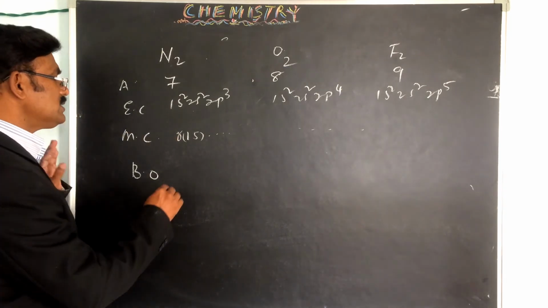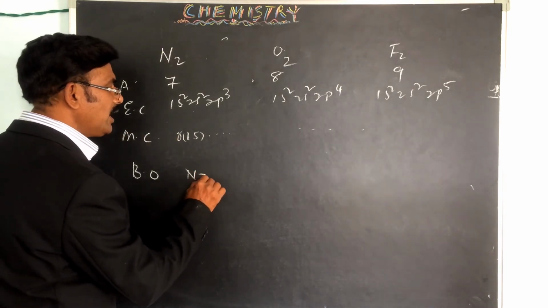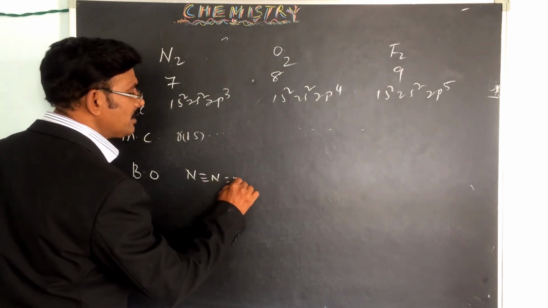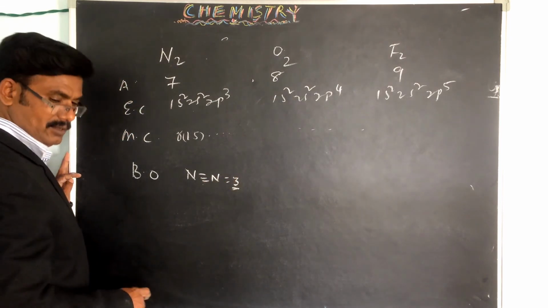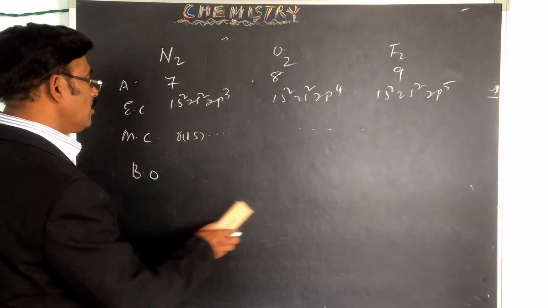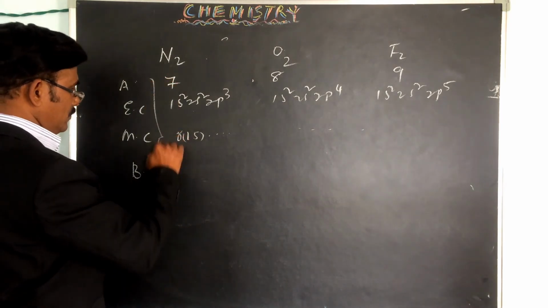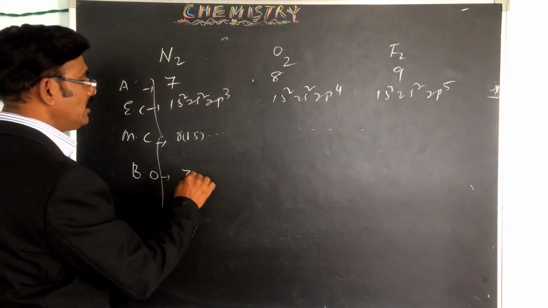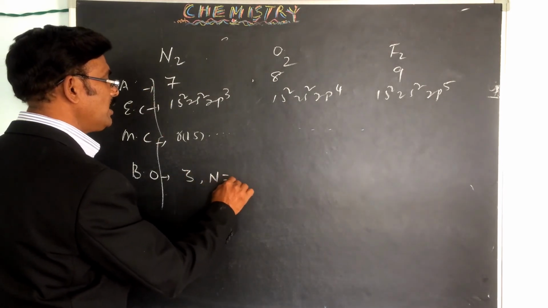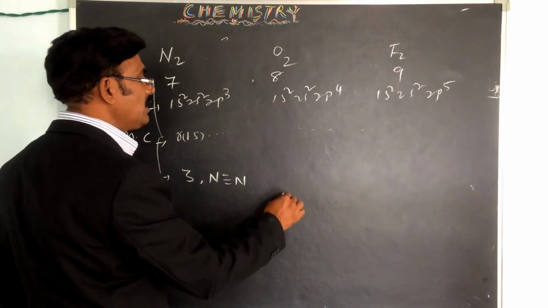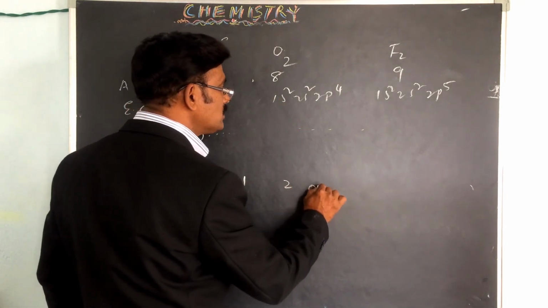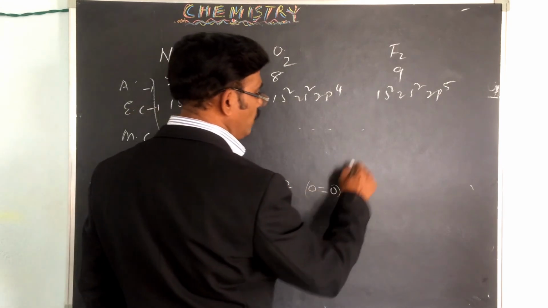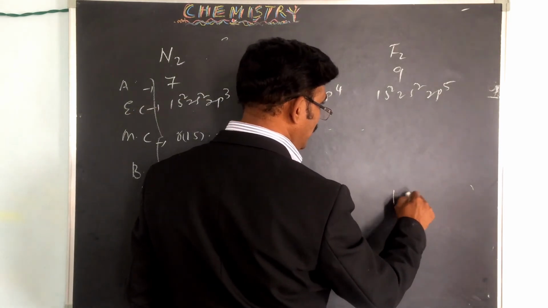Bond order of nitrogen is the triple bond, N triple bond N. So bond order is 3. Oxygen bond order is 2, oxygen double bond. And fluorine bond order is 1.